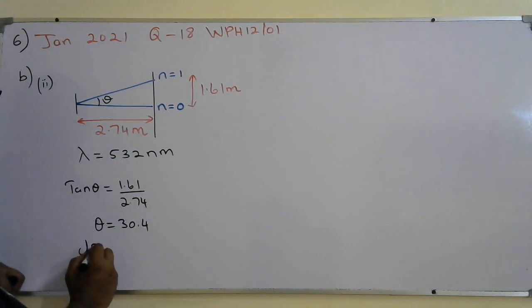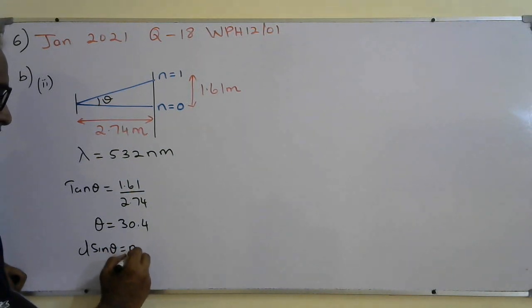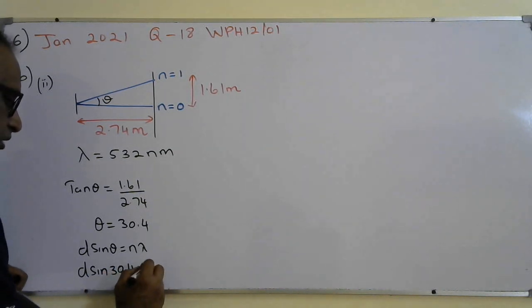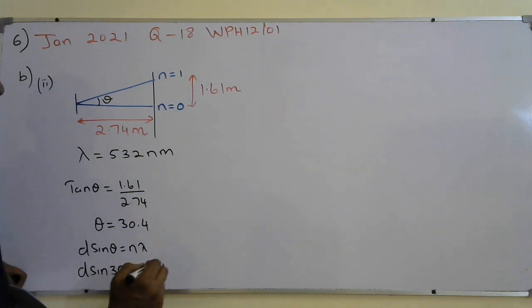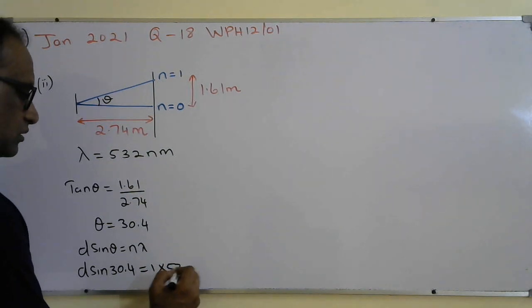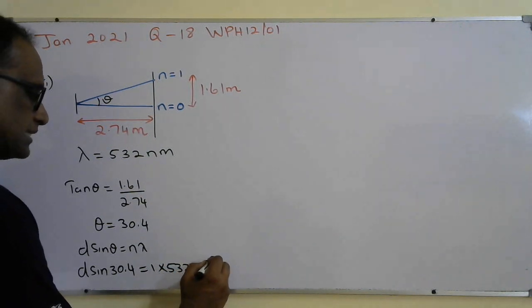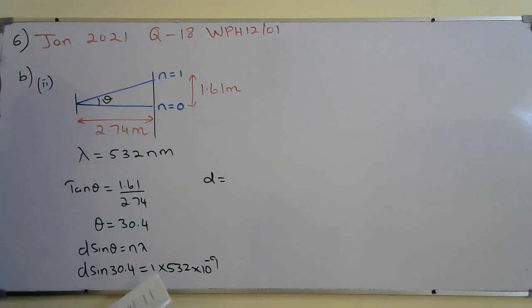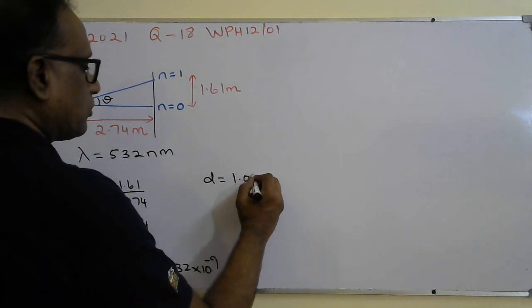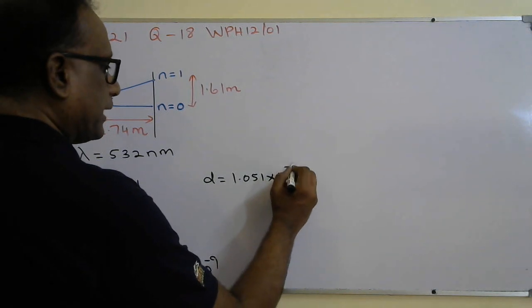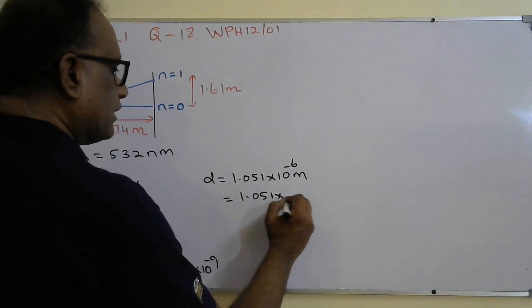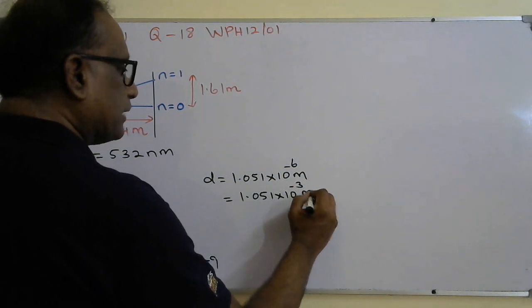Then use the equation d sine theta equals n lambda. Here it's first order, so d sine 30.4 equals 1 into lambda, the wavelength 532 times 10 to the power minus 9. Find d. You will get d equal to 1.051 times 10 to the power minus 6 meter. If you write it in millimeter, 1.051 times 10 to the power minus 3 millimeter.